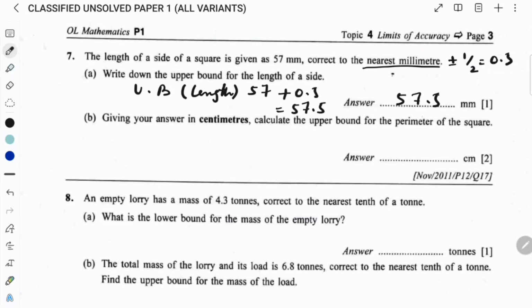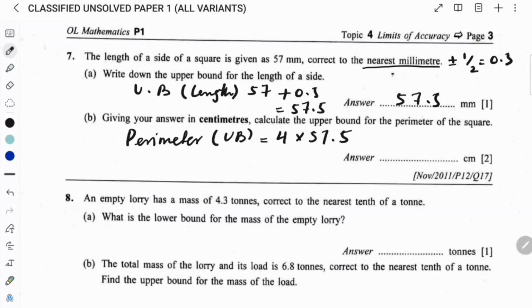Give your answer in centimeters. For the upper bound of the perimeter of the square, you add all four sides. We have already found the upper bound of the side, and all sides are equal, so the upper bound of the perimeter is 4 times 57.5, which gives the answer in millimeters.